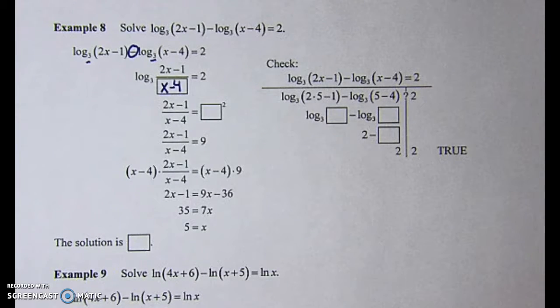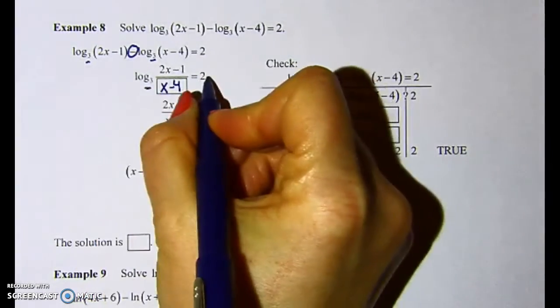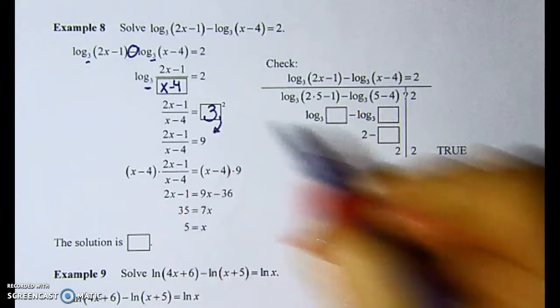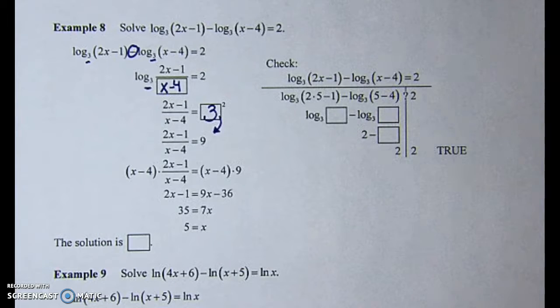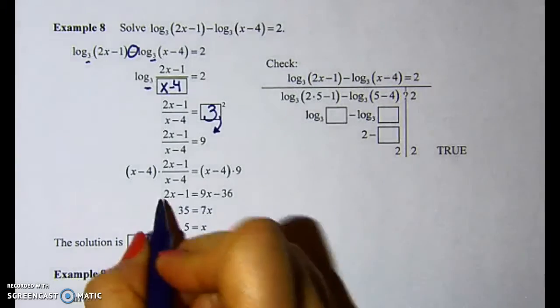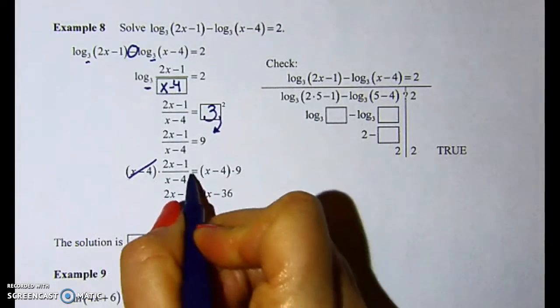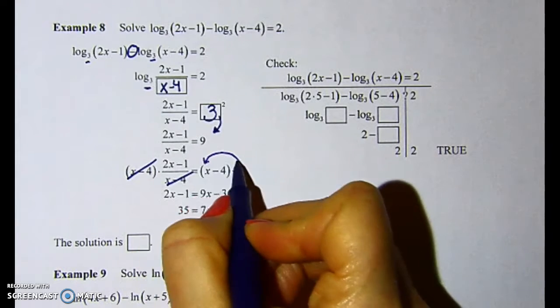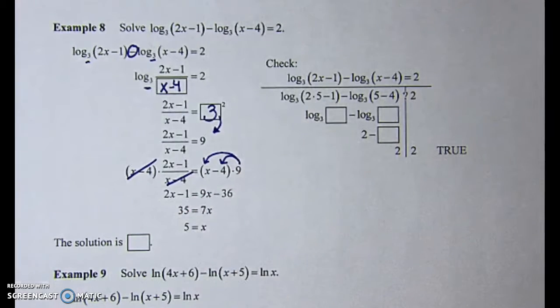Now to get rid of the log base 3, I write my base to the power of 2, so 3 squared is equal to the left-hand side. I know 3 squared is 9. My goal is to get our x value by itself, so I'm going to multiply each side by x minus 4 so that I can eliminate my denominator, leaving me with 2x minus 1 on the left, and then I can distribute 9x minus 36 on the right.